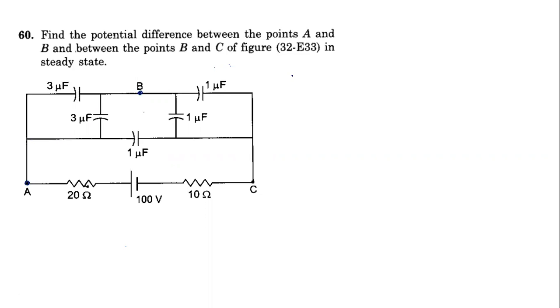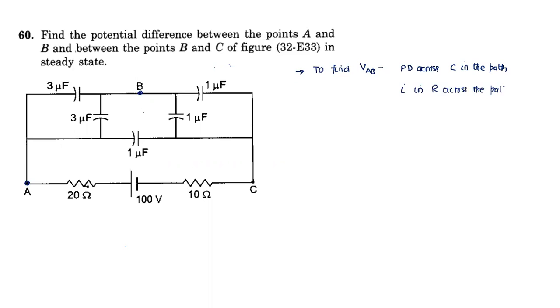So whenever we have to find a potential difference, we need to know the PD across capacitors in the path, and also the current in the resistances across the path.